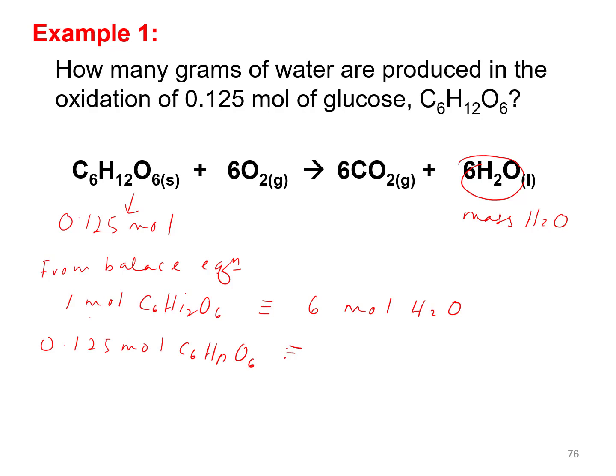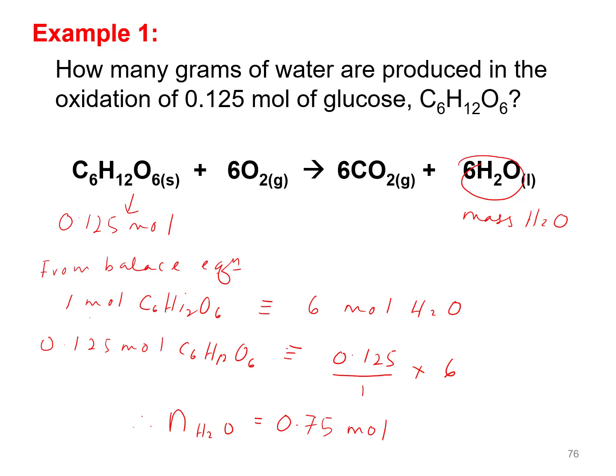it will produce 0.125 divided by 1 times 6. Therefore, the number of moles of water produced is equal to 0.75 mole. Okay.